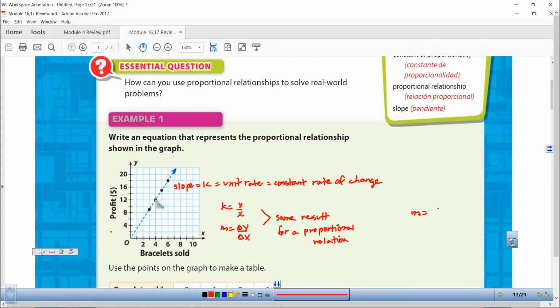I was going from this point to that point, right? If we actually take a look at the scale, I went from 12 up to 18, so that's up 6, and then I went from 4 over to 6, that's 2. So the slope is actually 6 over 2, which is 3.